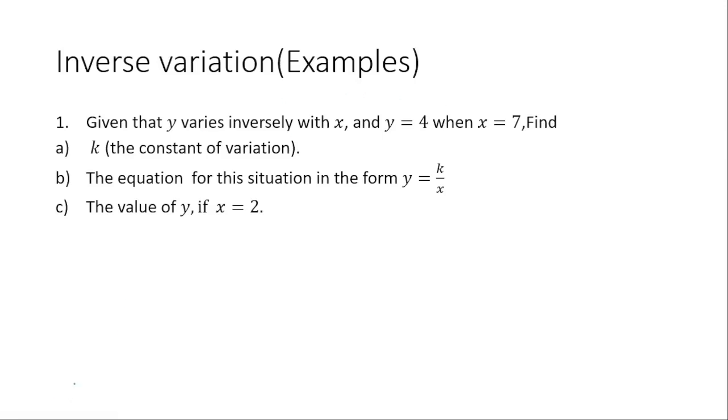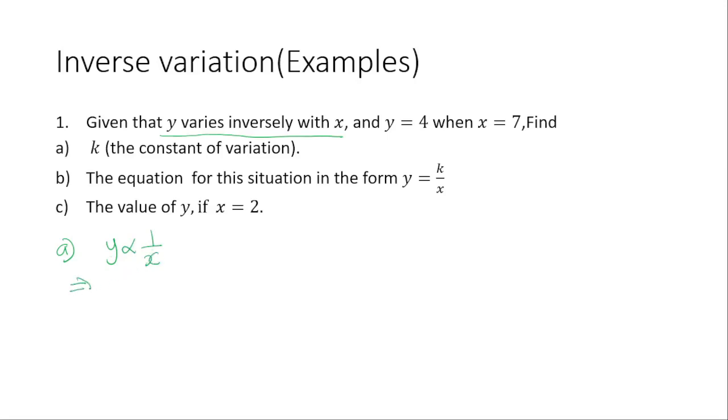When we look closely, there's this statement here, y varies inversely with x. This tells us that this is an inverse variation. In notation form, this is what it will look like.